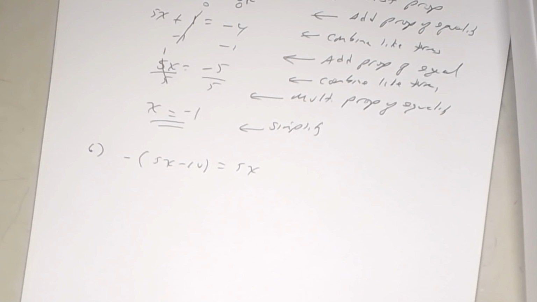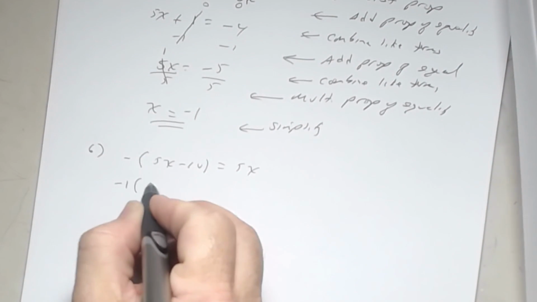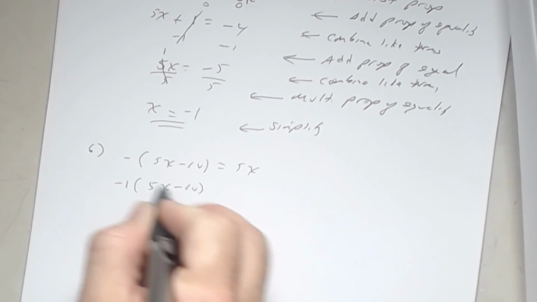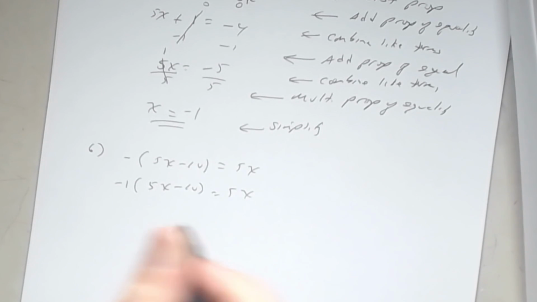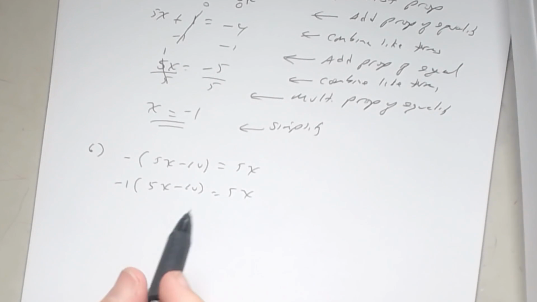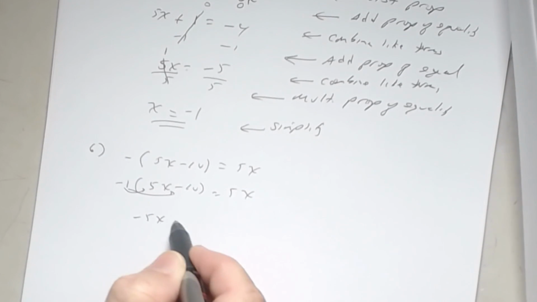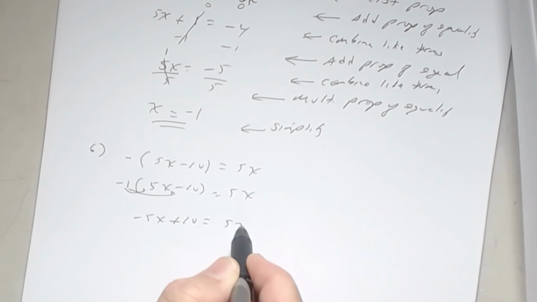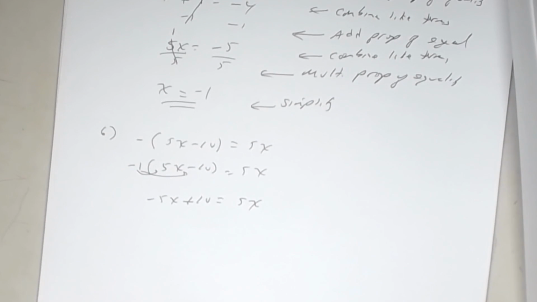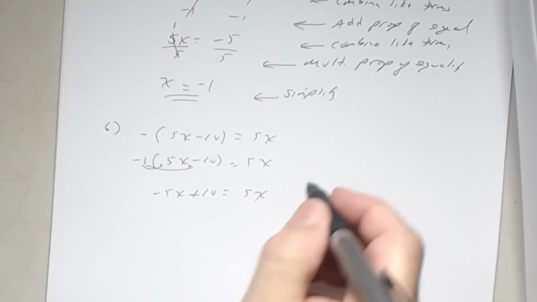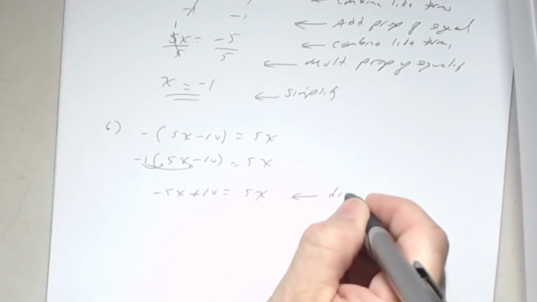You would get rid of the parentheses. What number is understood to be in front of that parentheses? 1. A negative 1. If you need to put that negative 1, you put the negative 1. So the first step would be to use the distributive property. What does that become? Negative 5x plus 10 equals 5. Okay, so that's what you get, right? To get to that point, I used the distributive property.